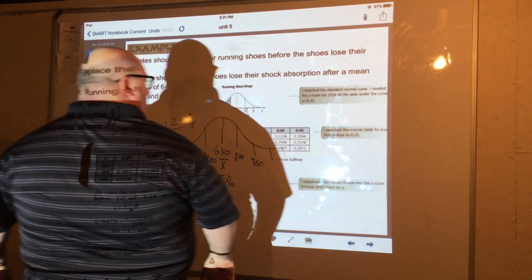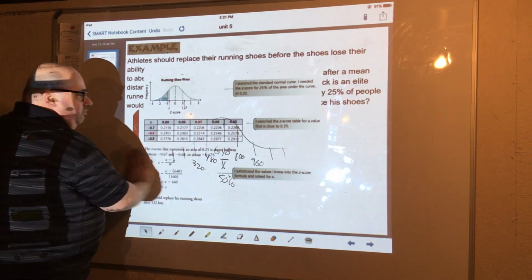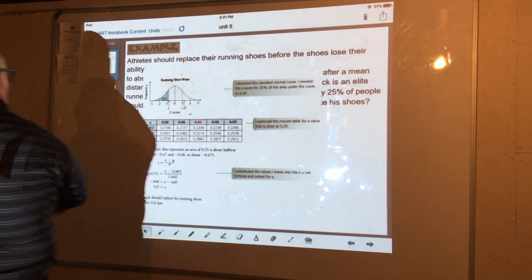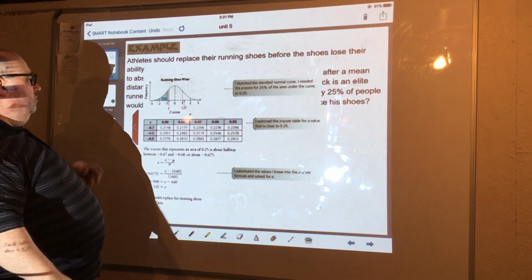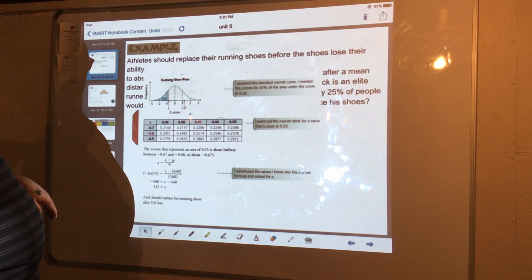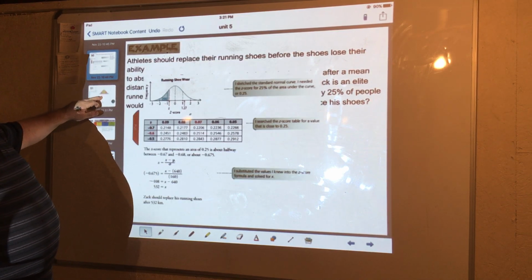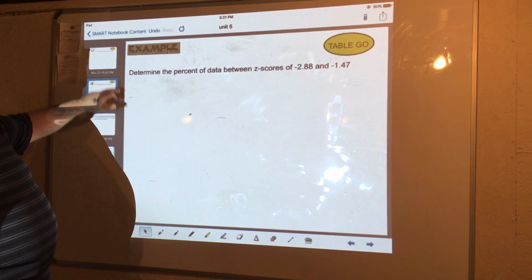It might be easier to show you on that chart. All right, let's back this up a little bit to our table.